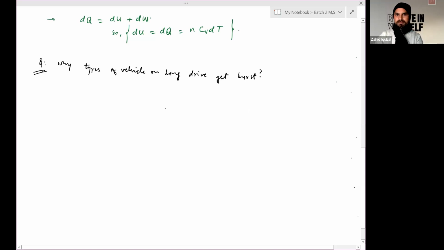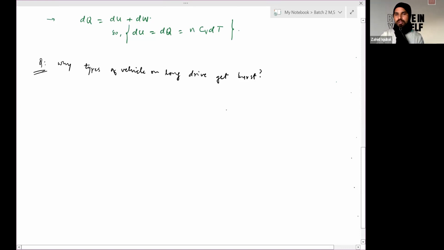You'll say there will be friction between the tires of the vehicle and the road on which it is traveling. That friction will cause some production of heat, which leads to increased temperature of the gas inside that tire.